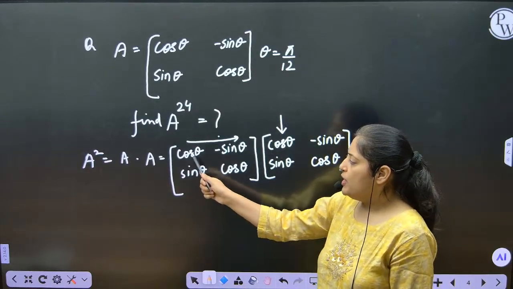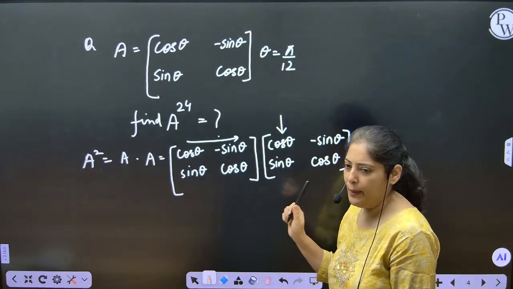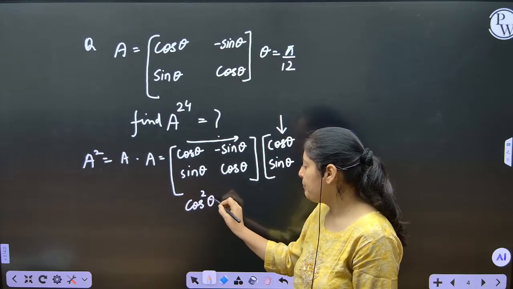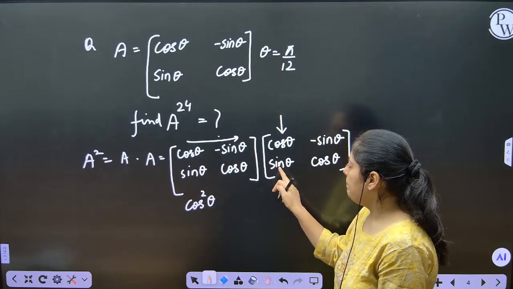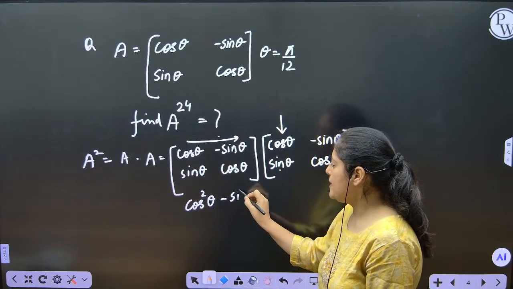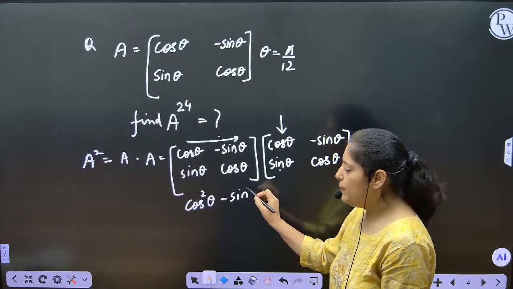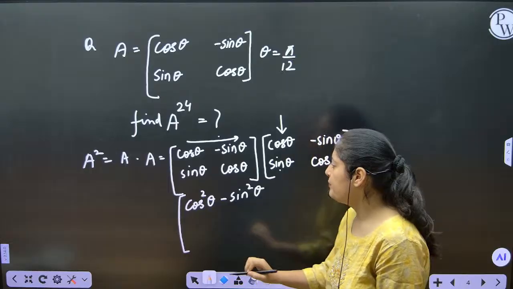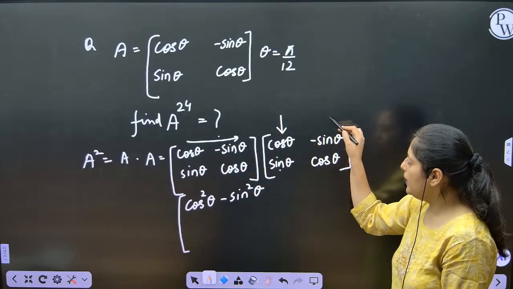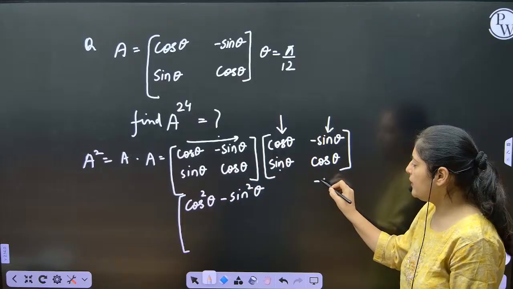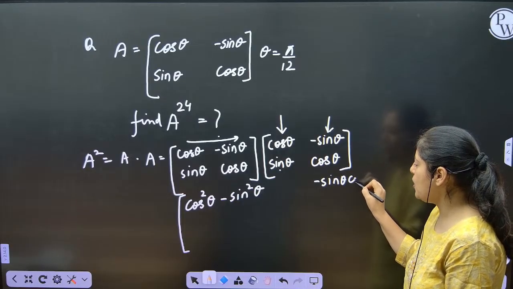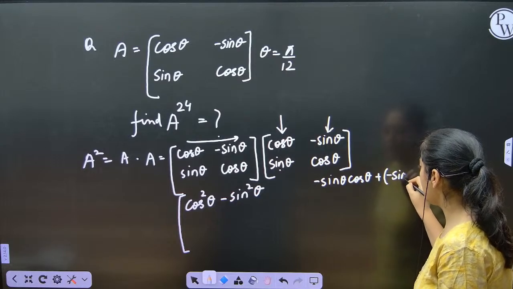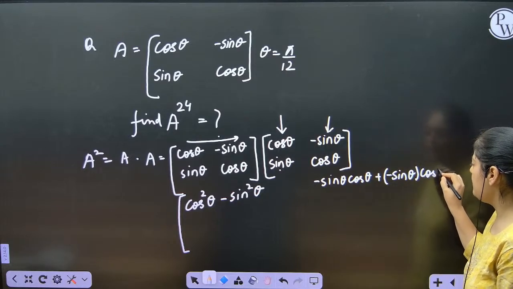Now first row we will multiply with the first column. Cos into cos, cos square, minus sine into sine will become minus sine square theta. So this is my first term. Now first row will be multiplied with the second column. What will it become? Minus sine theta into cos theta plus cos theta into minus sine theta.